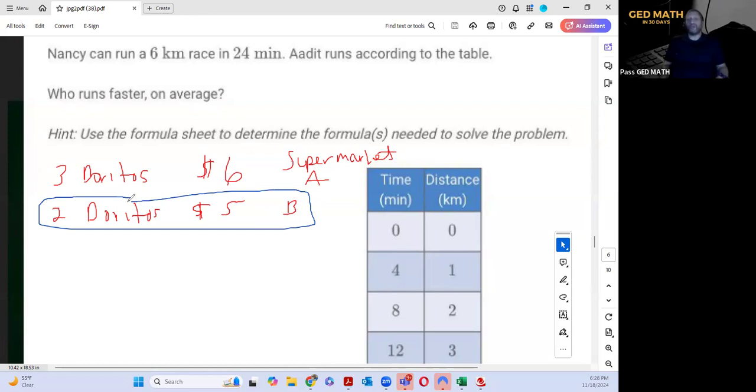At supermarket B, you can buy 2 bags of Doritos for $5. Where would you buy your bag of Doritos and why? And we're just looking at cost.